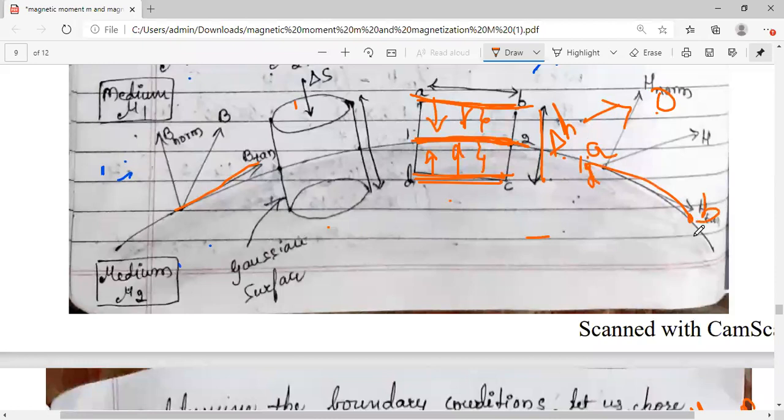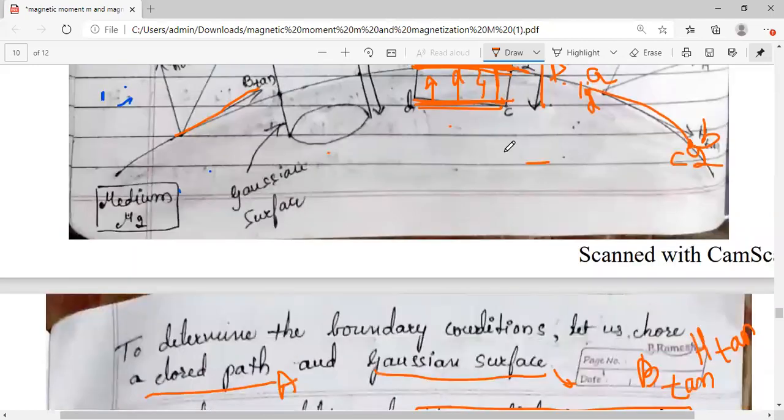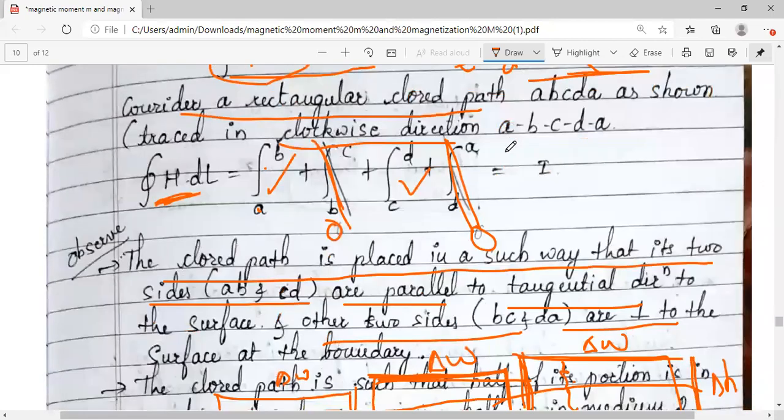This point is B also, 2 also, and C also. So as we start shrinking delta H, AB line will come and sit on this 1 2 line. CD line will also come slowly. When I reduce the height, it will come on line 1 2. So that's what it means.